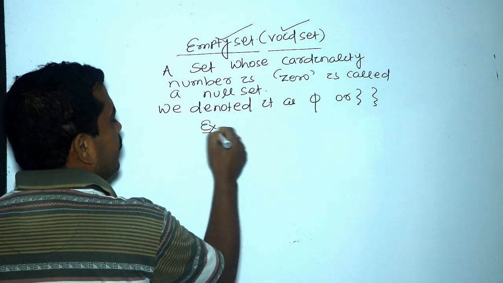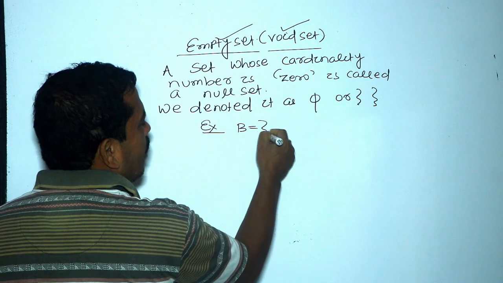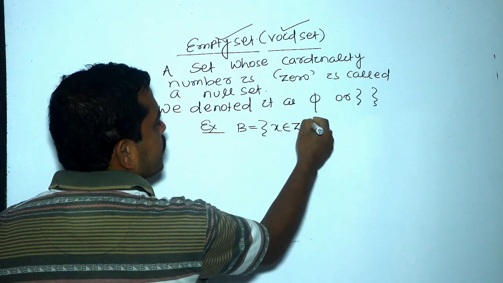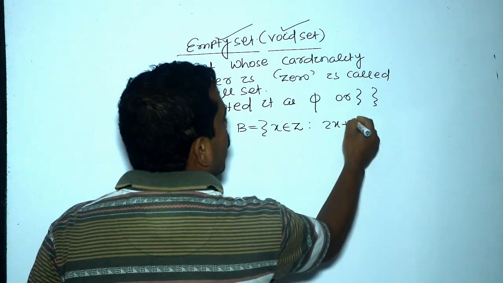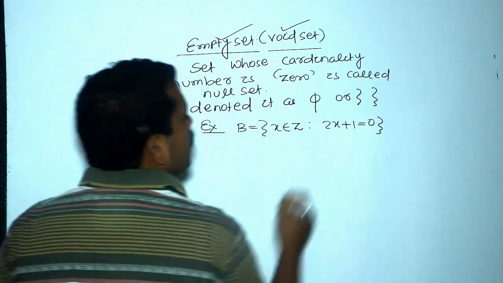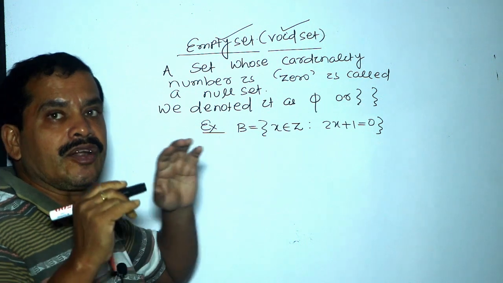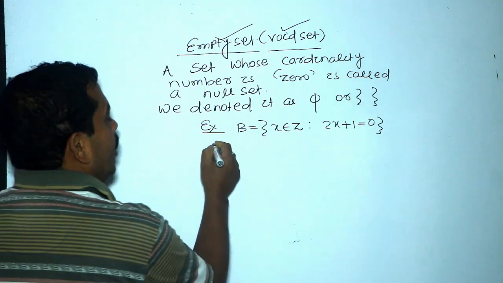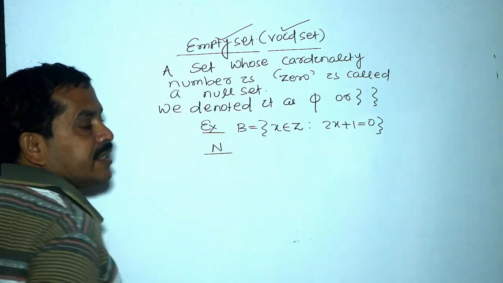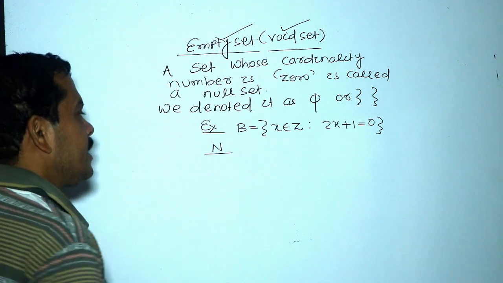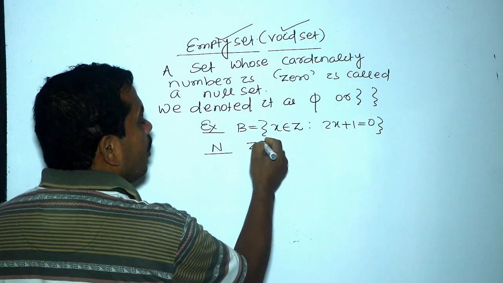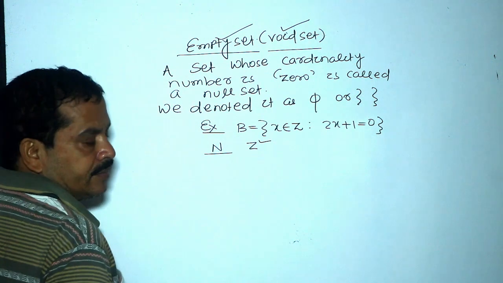For example, suppose B contains x belongs to Z such that 2x plus 1 is 0. There is no such integer. Z set means set of integers. We denote the set of natural numbers as N set. Set of integers, that is whole numbers, as Z set.